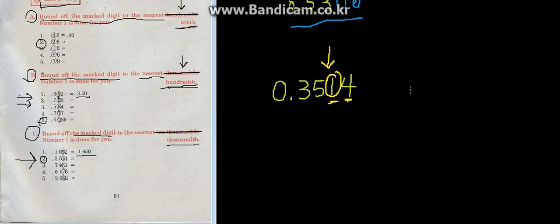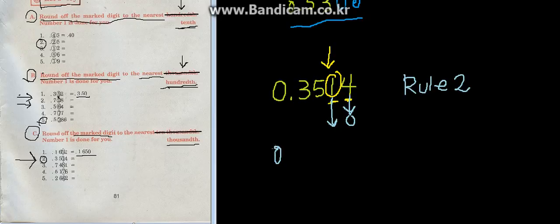Any number that is 0, 1, 2, 3, or 4 follows rule 2. In rule 2, we don't add anything to 1. The marked digit retains its value, stays the same. And then the 4 is replaced with a 0.